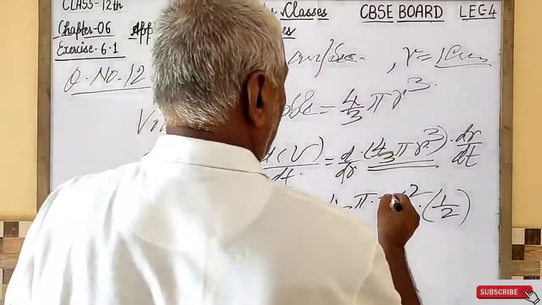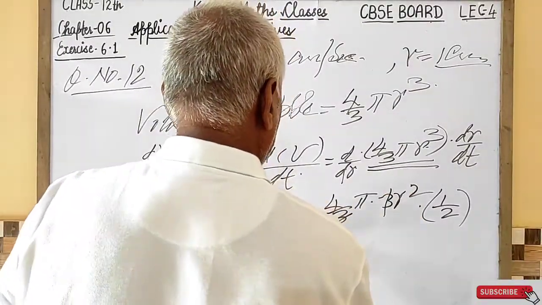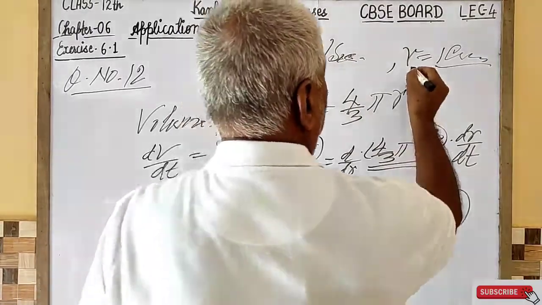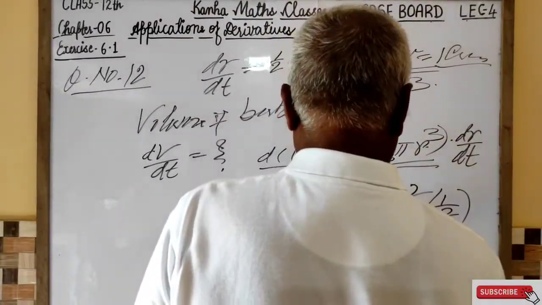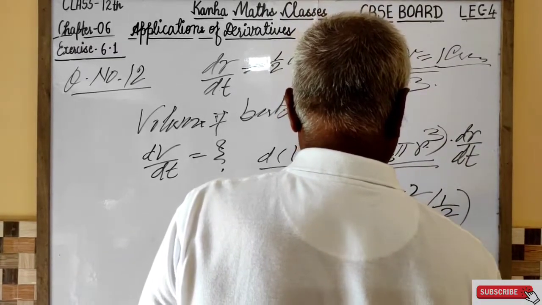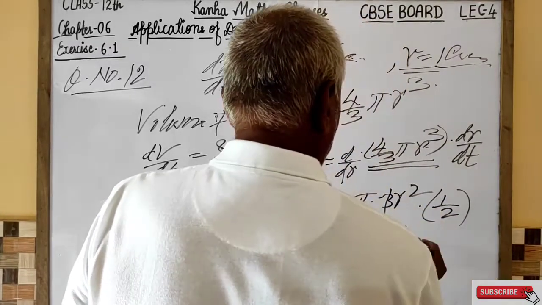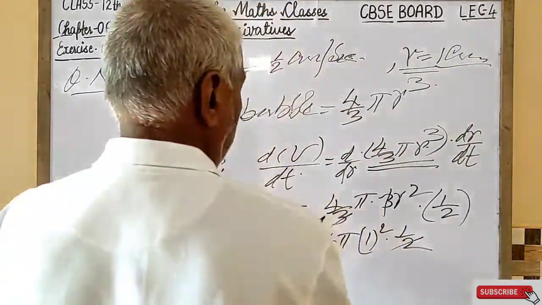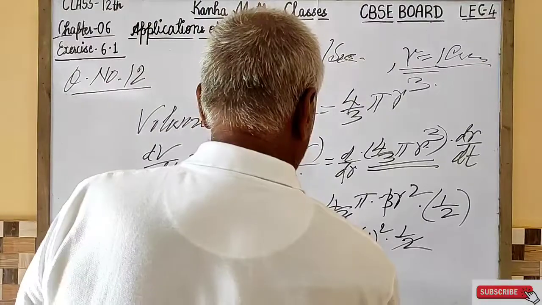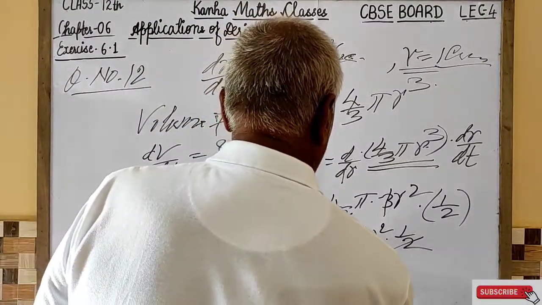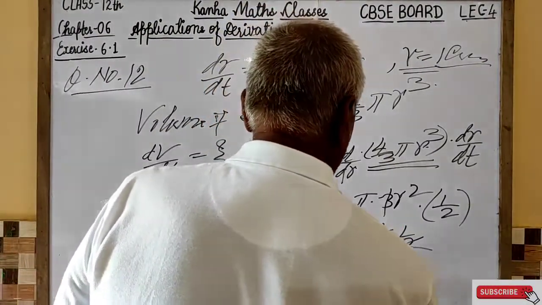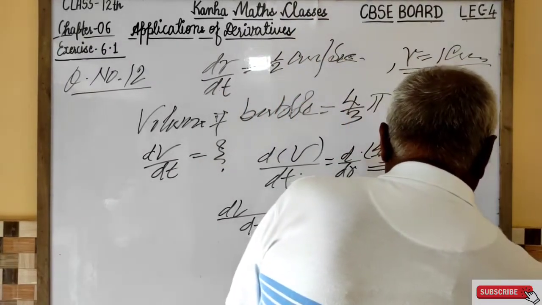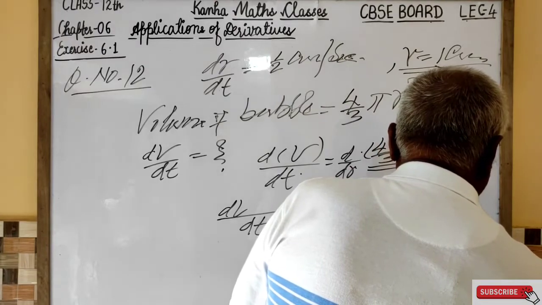Now 3 will be cancelled by this, and this will be 4 pi r square. R means 1, 1 square into 1 by 2. 2 is cut by 4 into 2 times. This will become 2 pi, and 1 square is 1, that is 2 pi centimeter cube per second.